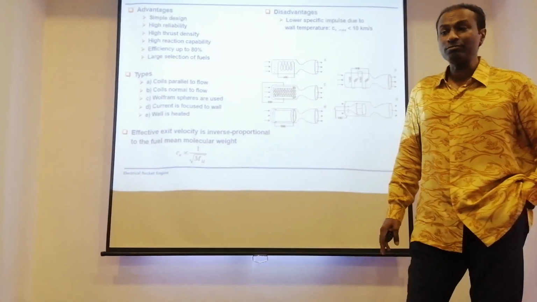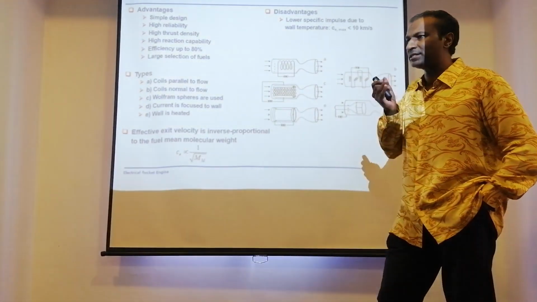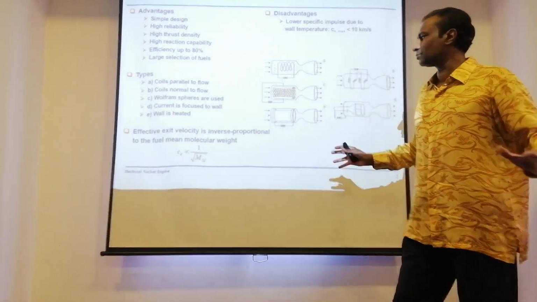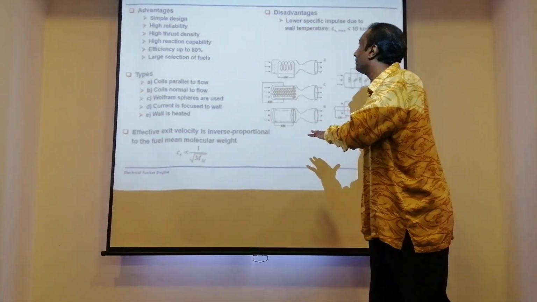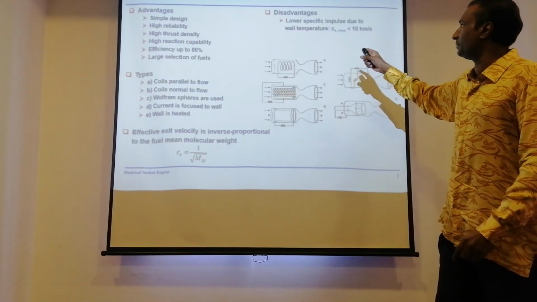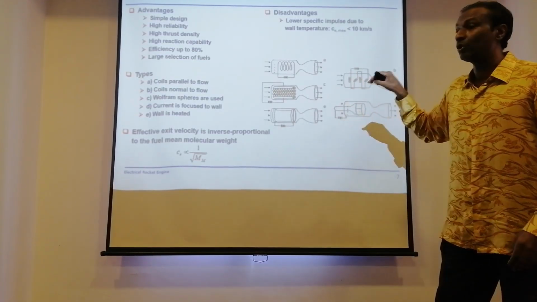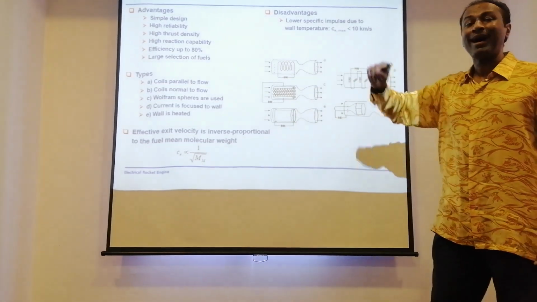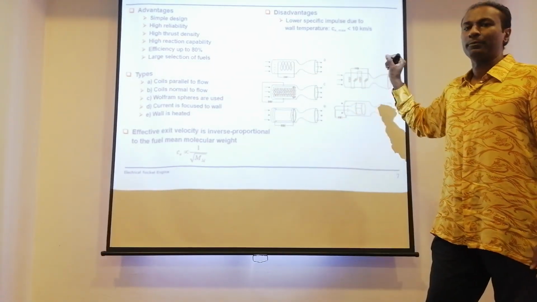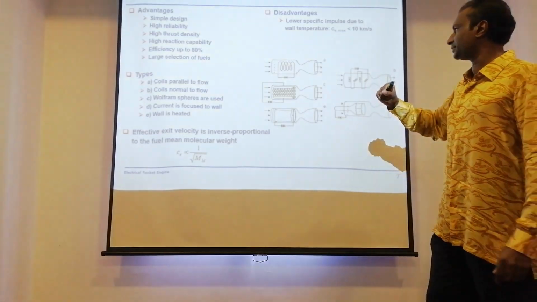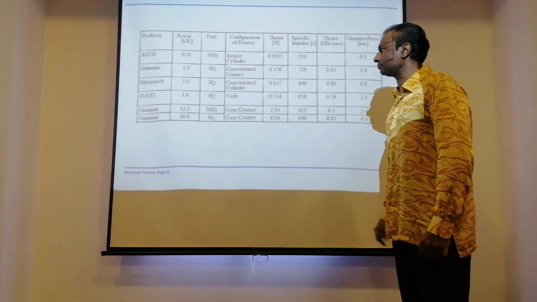So you must have a very small mass, meaning the particles are very small, so that the burning is complete. Okay, this is the first type. A disadvantage would be lower specific impulse, but don't forget, lower compared to other electrical propulsion systems, not compared to the chemical propulsion system.